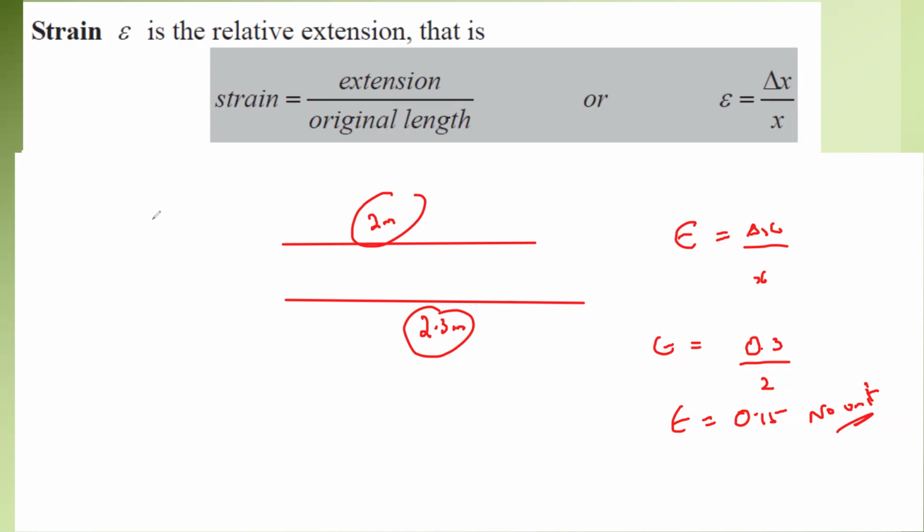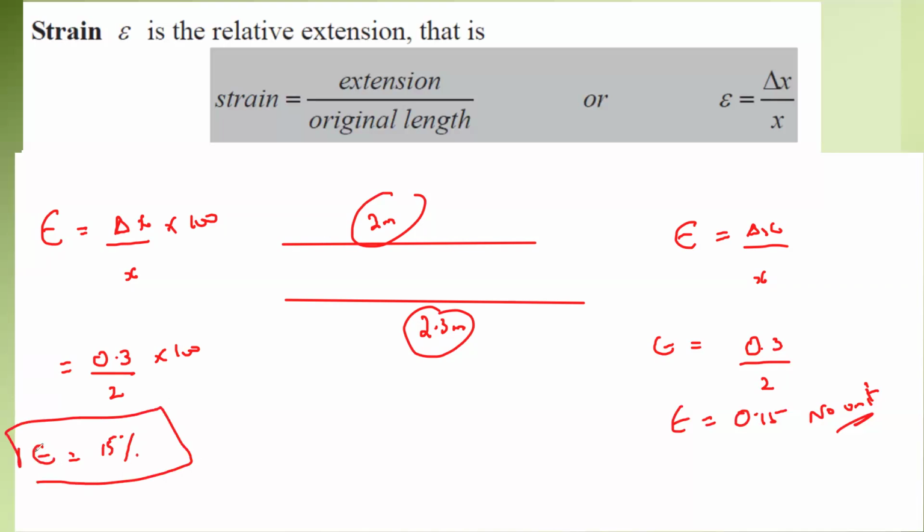Strain can also be represented in percentage, which makes it much easier to understand. For a percentage, it's the change in length divided by original length, multiplied by 100. The change in length was 0.3, the original length was 2. 0.3 divided by 2 is 0.15, and when we multiply by 100, we get 15%.